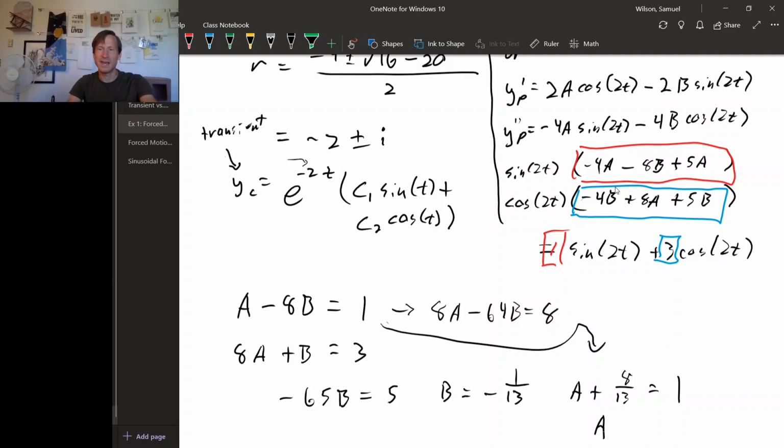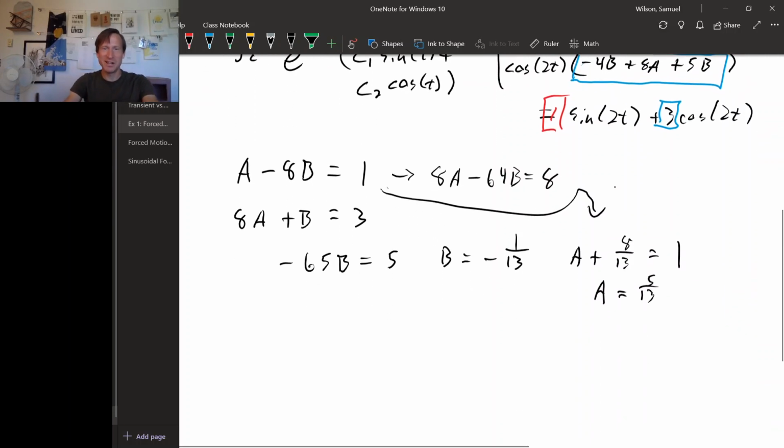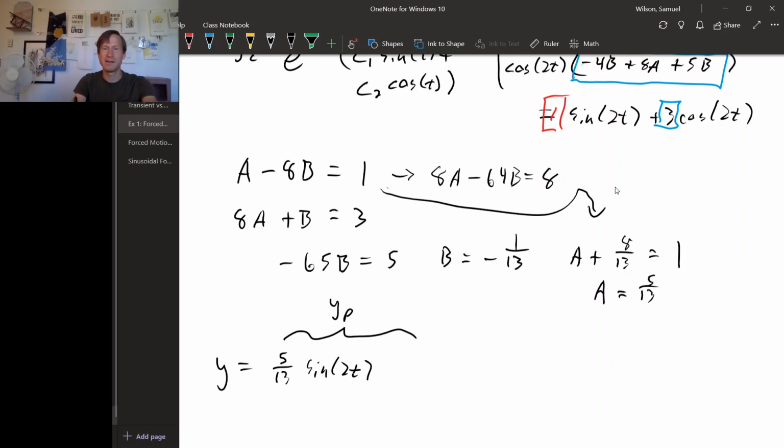And so a is 5 over 13. Okay, so now we know a and b. We know our particular solution. So our full solution is the particular solution, which is 5 over 13 times sine of 2t minus b, which is 1 over 13 cosine of 2t.